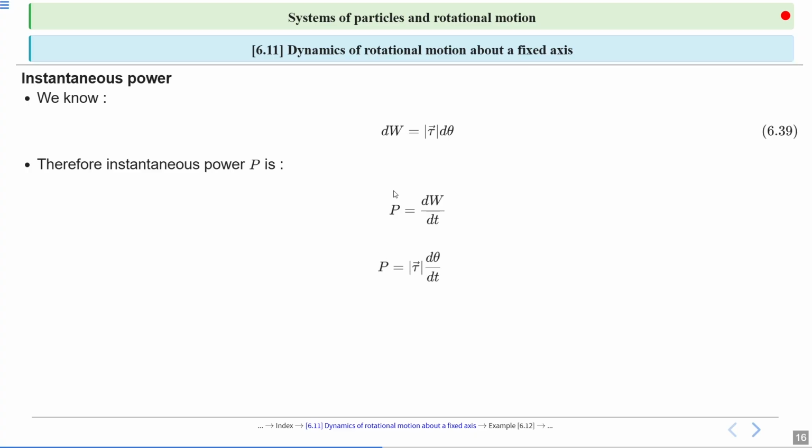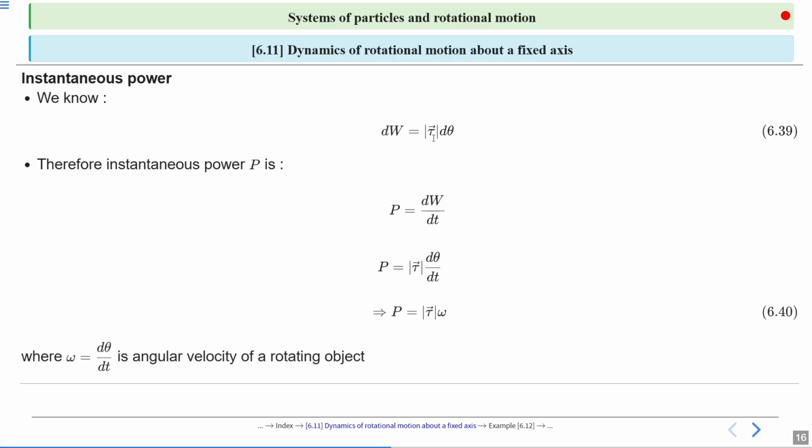Now instantaneous power, we know dW is equal to tau d theta. So therefore instantaneous power is equal to dW upon dt. So just put the value of dW here. Look here, dW is equal to tau d theta and P is equal to dW upon dt.